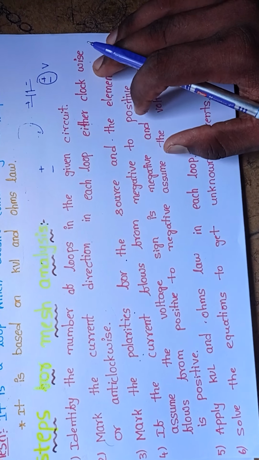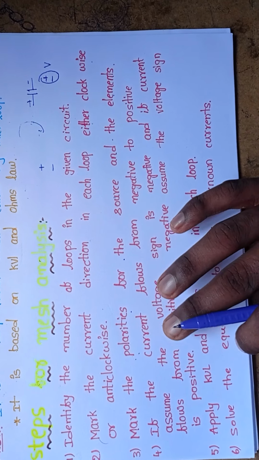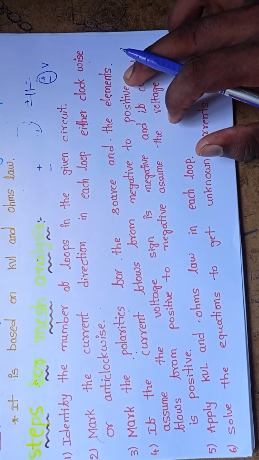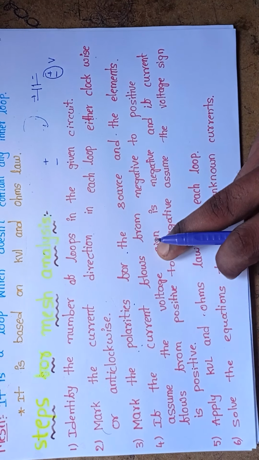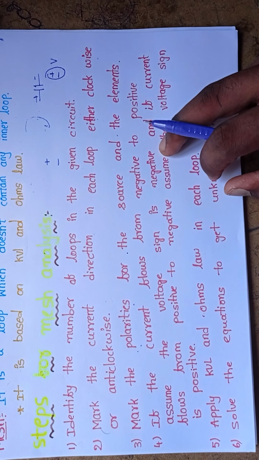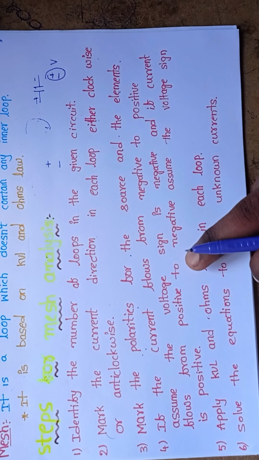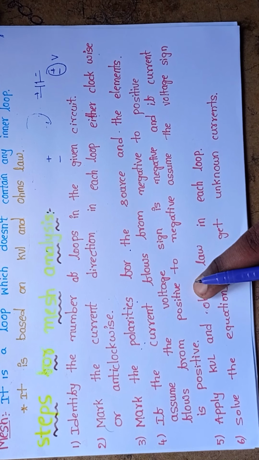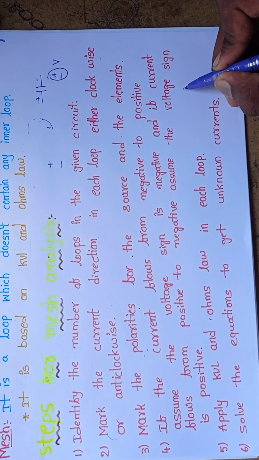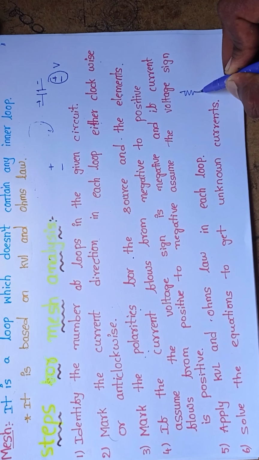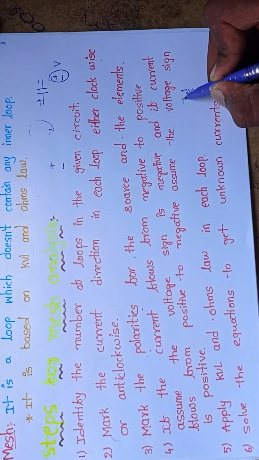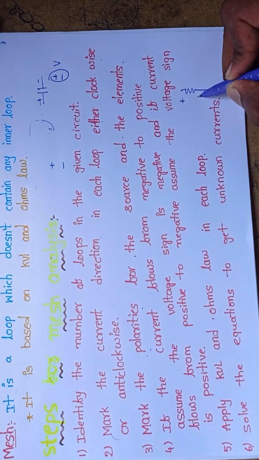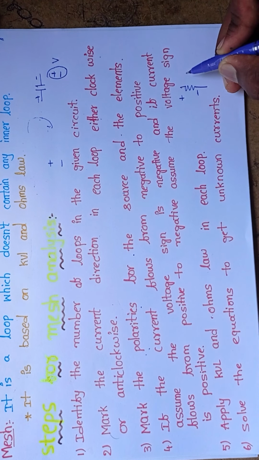Okay, understand? Next, the fourth step: if the current flows from negative to positive, assume the voltage sign is negative, and if current flows from positive to negative, assume the voltage sign is positive. Let's consider a resistor as an example. It has a positive polarity and a negative polarity.